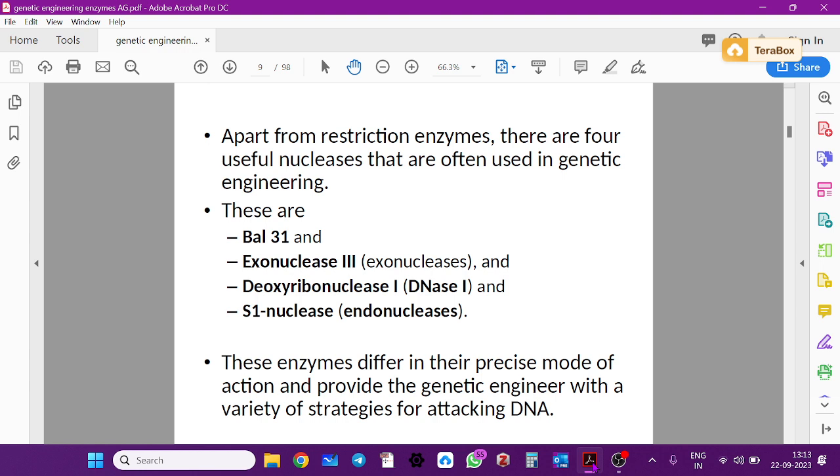So you can divide them into two types. The 5 prime exonucleases cut from the 5 prime side, and you have the 3 prime exonucleases, which cut from the 3 prime side. So you can use them. For a few names, it's good to understand few names.